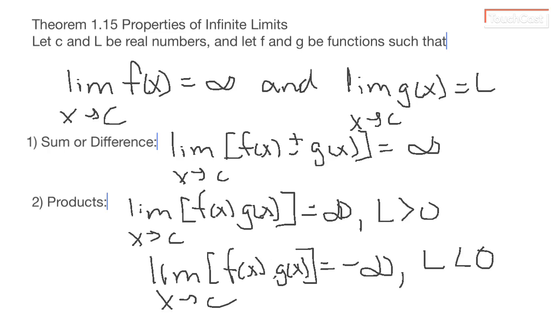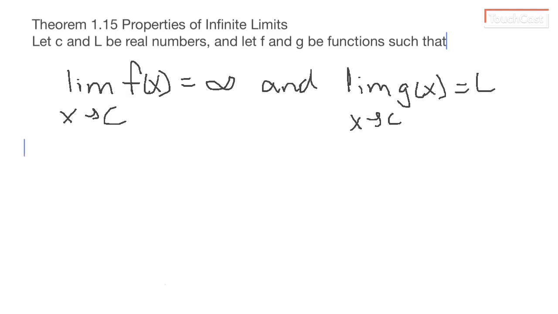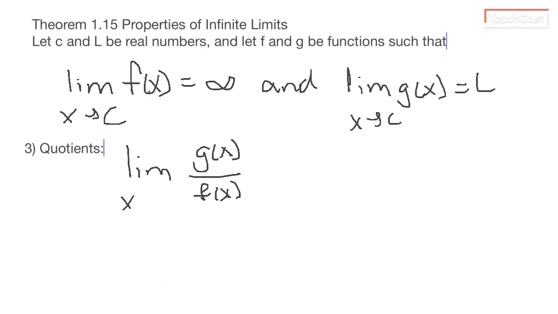Let's look at our last property. Our last property is going to look at quotients. This property states if we take the limit of g of x and divide it by f of x as x approaches c, it's going to equal 0.